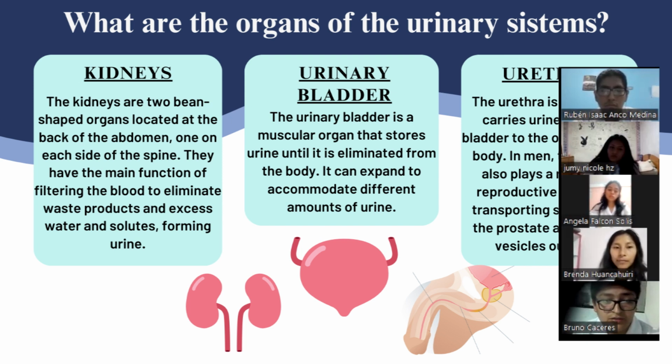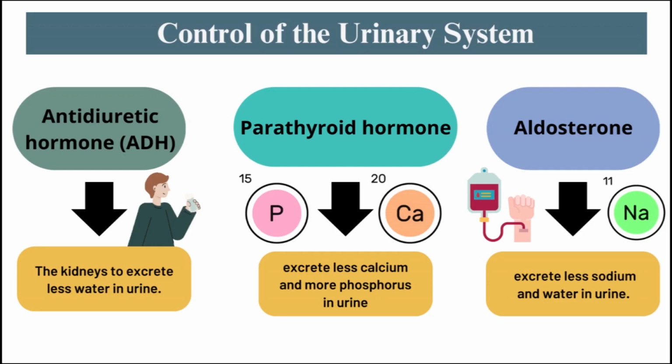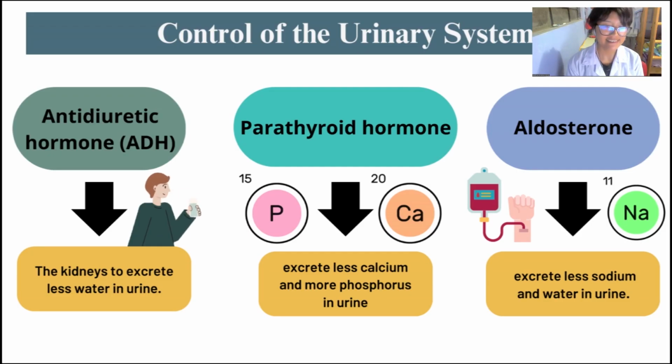The urethra is a tube that carries urine from the bladder to the outside of the body. In men, the urethra plays a role in the reproductive system by transporting semen from the prostate and seminal vesicles outward. Next.